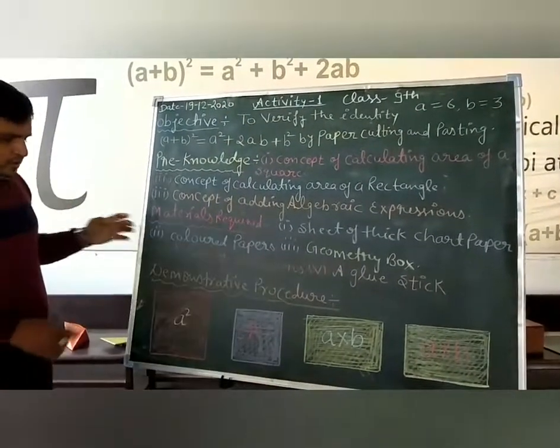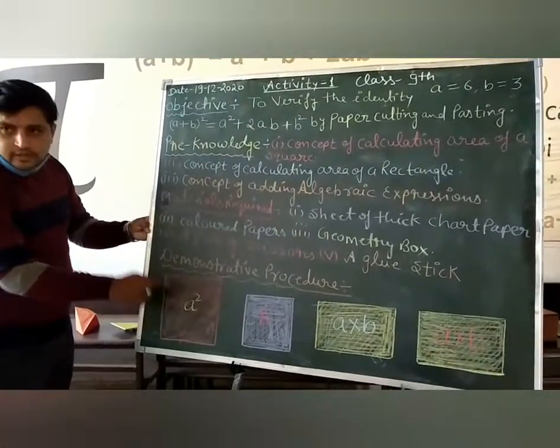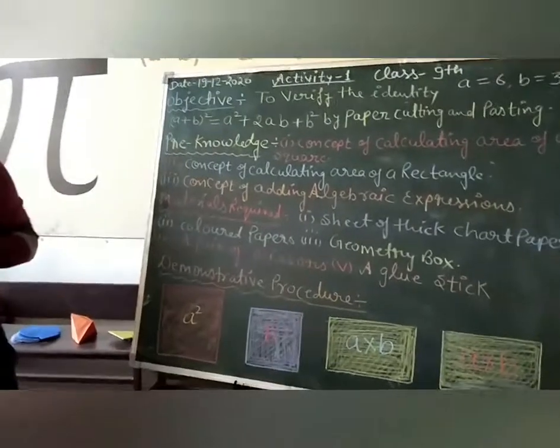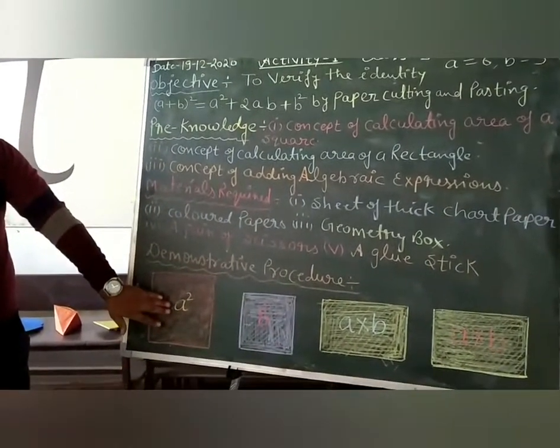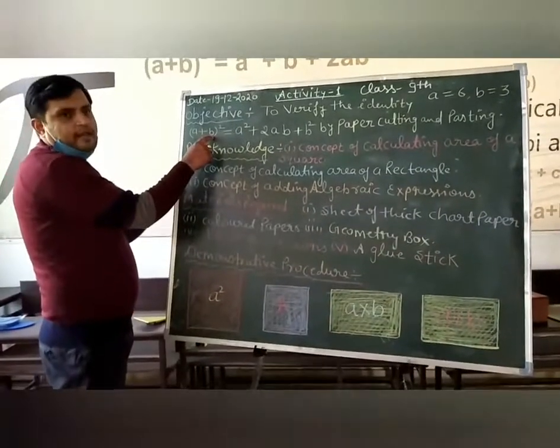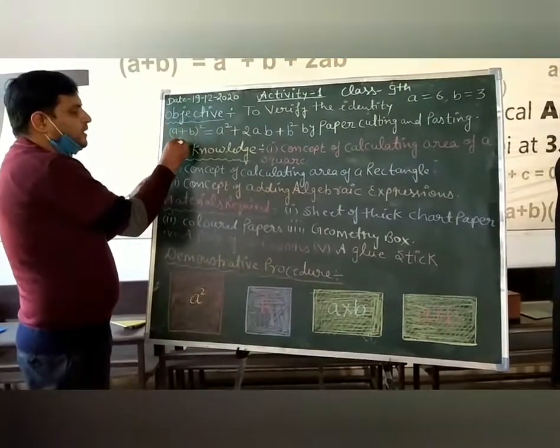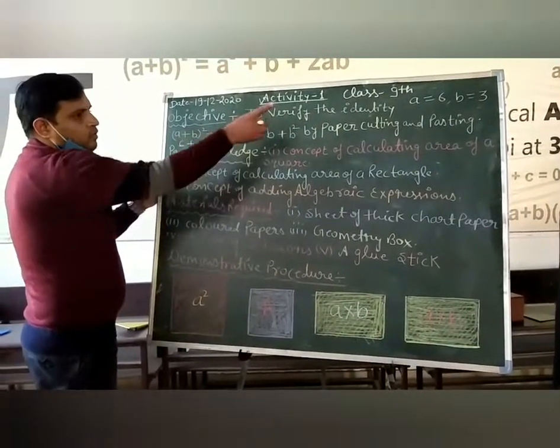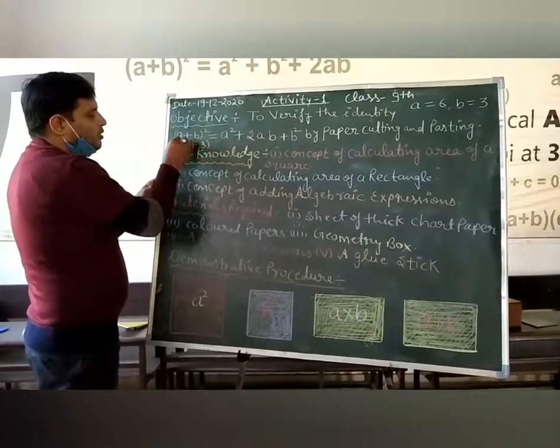Suppose we want to cut a paper of square shape. As I am mentioning here, (a plus b) whole square, if we put the values of a and b here, it will be (6 plus 3) whole square.